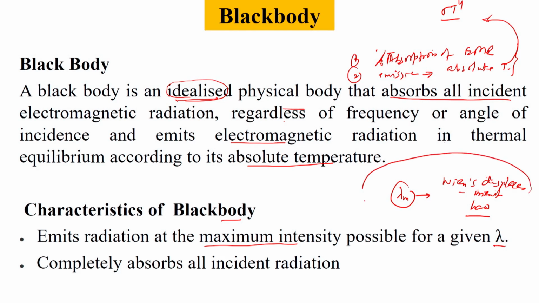The maximum intensity at a given wavelength will be given, and it completely absorbs all the radiation. The emission of radiation depends only on the absolute temperature of the black body. So three characteristics to remember: it absorbs all the incident electromagnetic radiation, it emits radiation at the maximum intensity possible for a given lambda, with only one wavelength where the emission peaks, and the emission is governed by the absolute temperature.